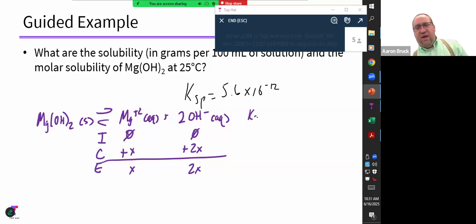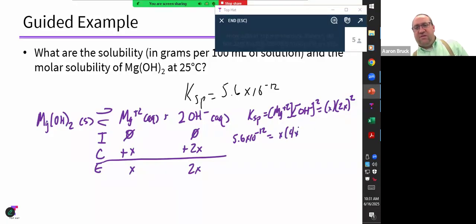So KSP is equal to the concentration of magnesium times the concentration of hydroxide squared. So X for magnesium, 2X quantity squared for hydroxide. So putting in the numbers now, 5.6 times 10 to the negative 12th would be equal to X times 4X squared, or 4X cubed.